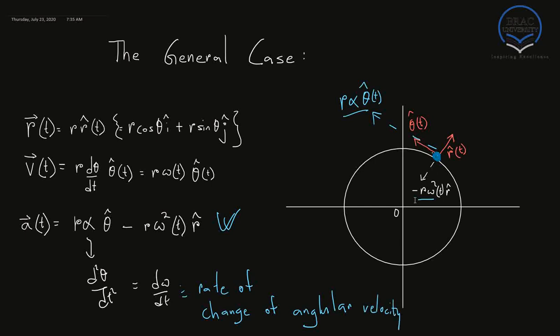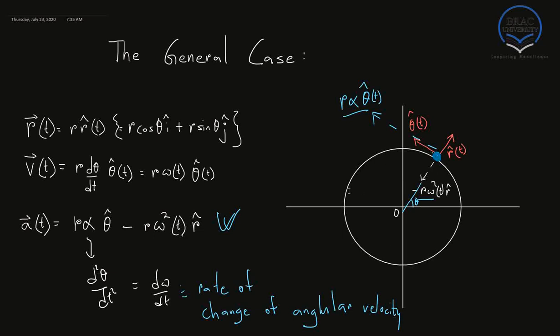But what does the change of angular velocity mean? It means that if you have the rate at which this theta is changing, if that's not constant, it's changing, then either this particle must be speeding up or slowing down. So everything makes sense. What this r alpha does is that it changes the linear speed at which this particle is covering this trajectory.